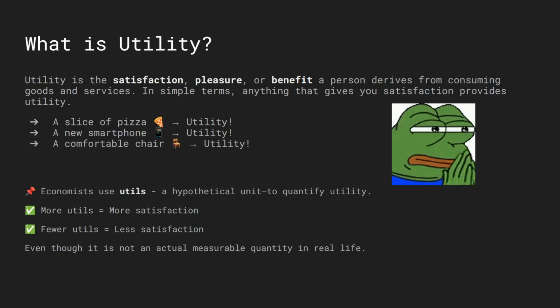For example, if eating a burger gives you 10 utils of satisfaction, but a mere vegetable salad only gives you 6, we can say that the burger provides higher utility and the vegetable salad provides lower utility. But remember, utils are not real-world measurements. They simply help us compare preferences.